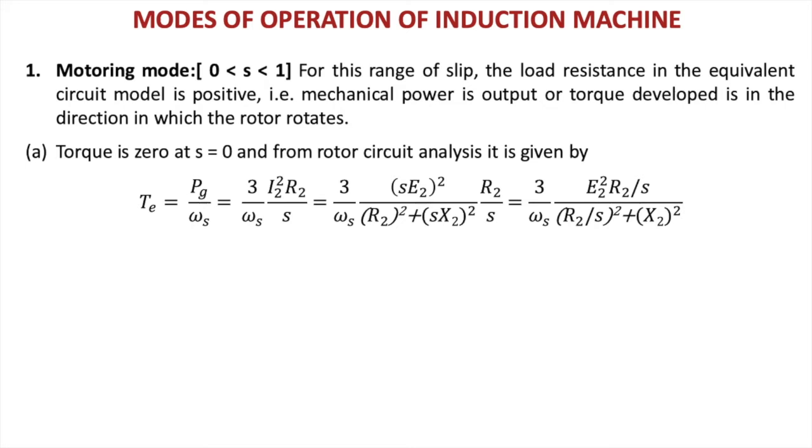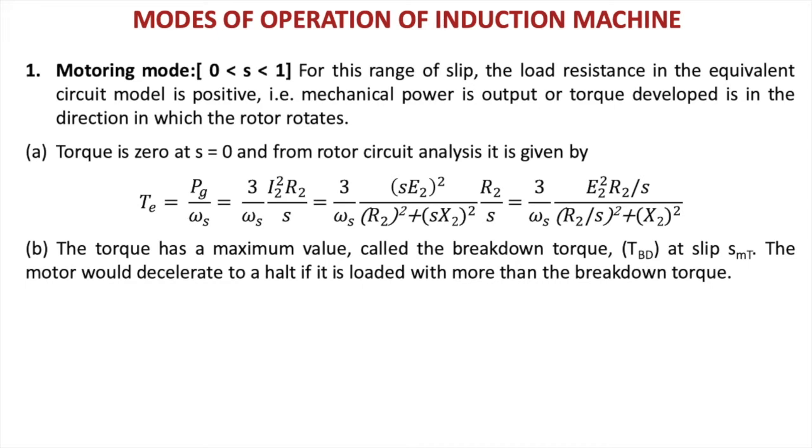The torque is 0 at slip equal to 0, that is at synchronous speed, and from the rotor circuit analysis, as given by the torque equation, when the slip is equal to 0, the torque produced will also be equal to 0. The torque has a maximum value called the breakdown torque at the slip SMT, and the motor will decelerate to a halt if it is loaded more than the breakdown torque it can produce.